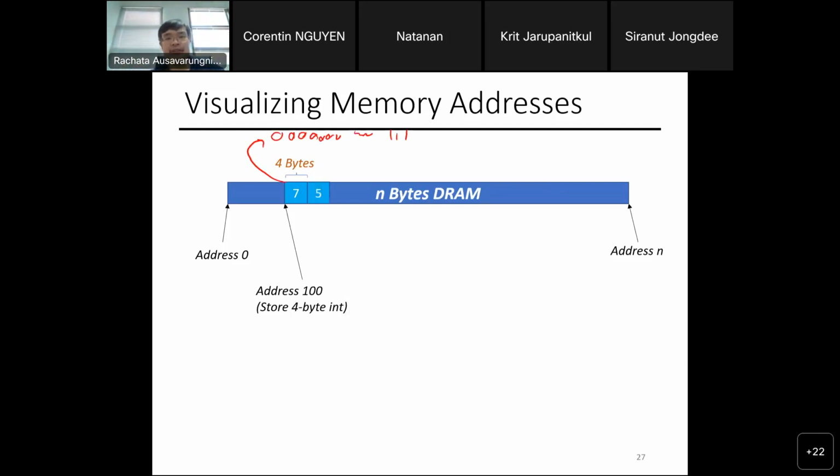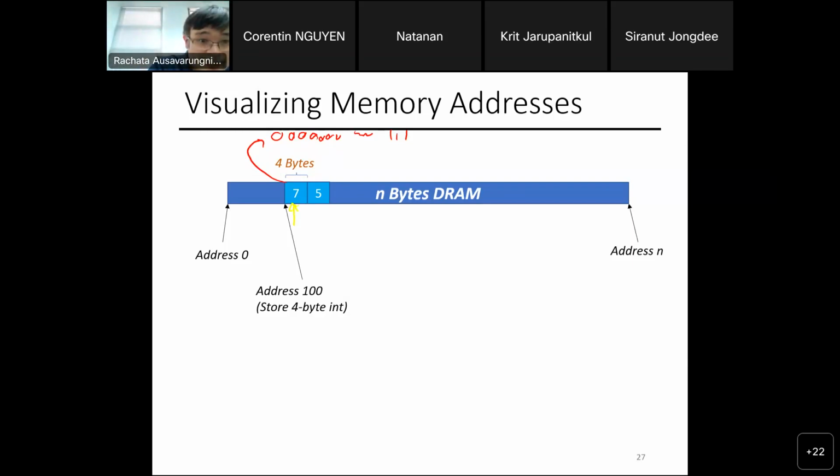Now say you have another data value 5 right next to it. Can someone tell me what the address of this number 5 should be? The address is byte addressable, so if you go to address 101, you will actually get right here.